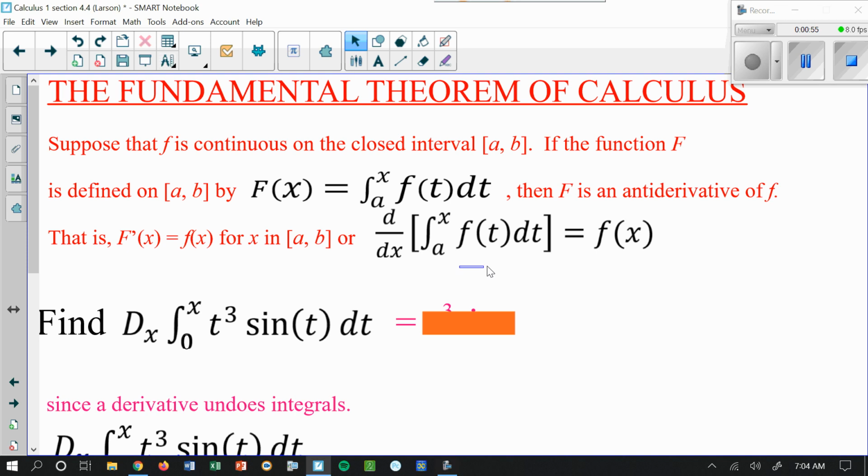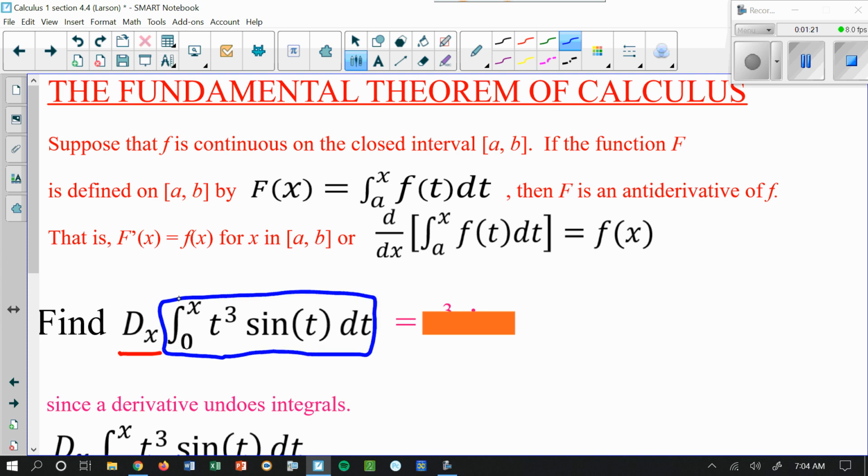Now, if we had an original function with t in it, and we have a number at the bottom with a variable x on the top, basically we're going to have these two undo each other, and we're going to just take our x and put it in here. So what we're saying is, because we are doing the derivative of an integral, your derivative should undo your integral.